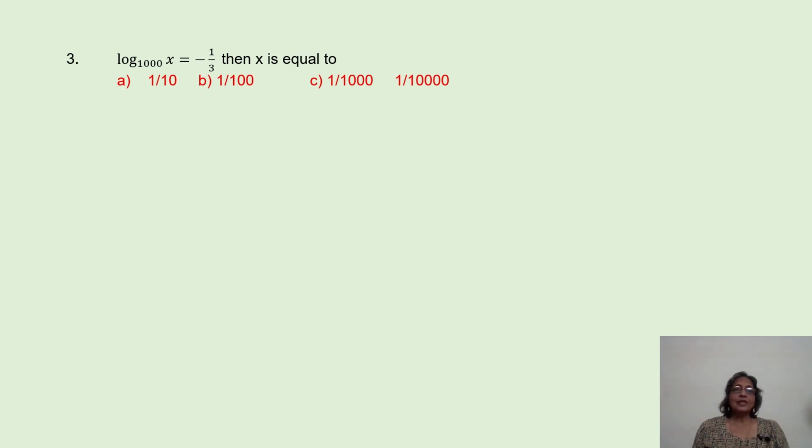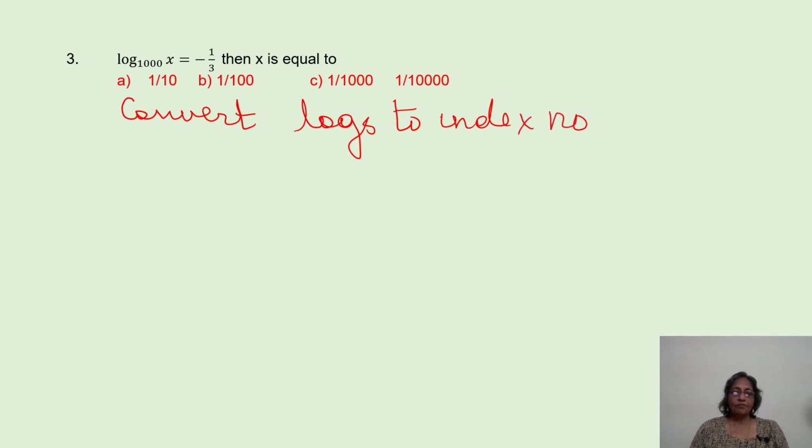Log of x to the base 1000 is equal to minus 1 upon 3. Directly here, we are going to convert logs to index numbers. Okay, that is the property that we are going to use here. Now, how do we use this property? So this will become x is equal to 1000, the whole thing raised to minus 1 upon 3.